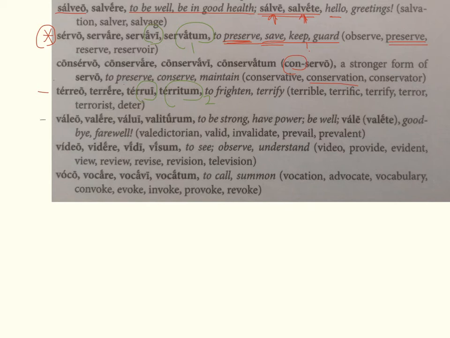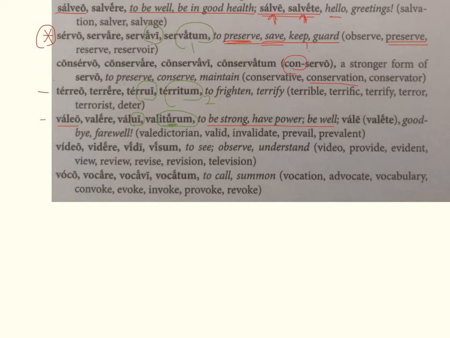Our next word is valeo, valere, valui, valiturum. And here once again we see the ui in the third principal part, and then this one's a little bit different. It's iturum. So you've got this little ur in the middle there, but it follows it otherwise. And it means be strong or have power or be well. So valeo, for example, would be I am strong, I have power.